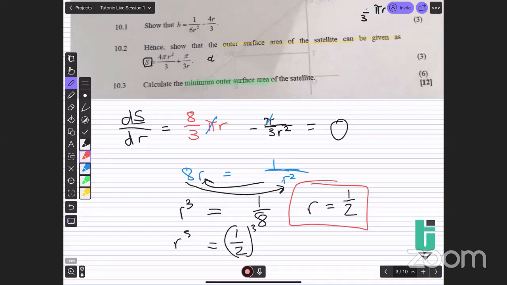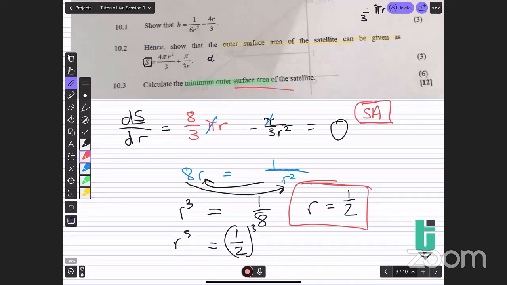So what must you do to find the minimum? You sub r into the original. Because isn't the original equation the surface area equation? Yes. So you want the surface area, so you will sub it into the surface area equation.